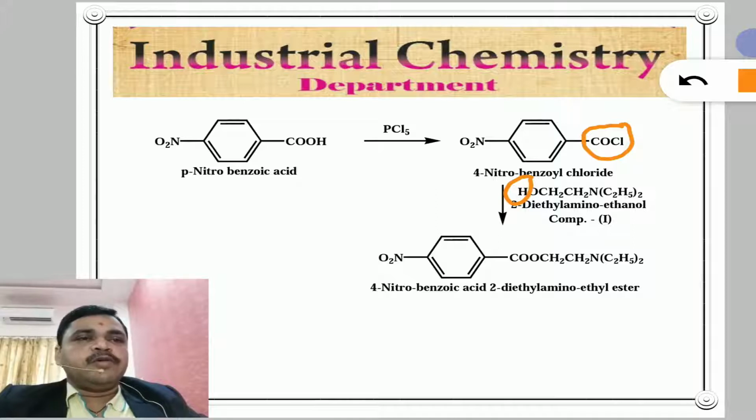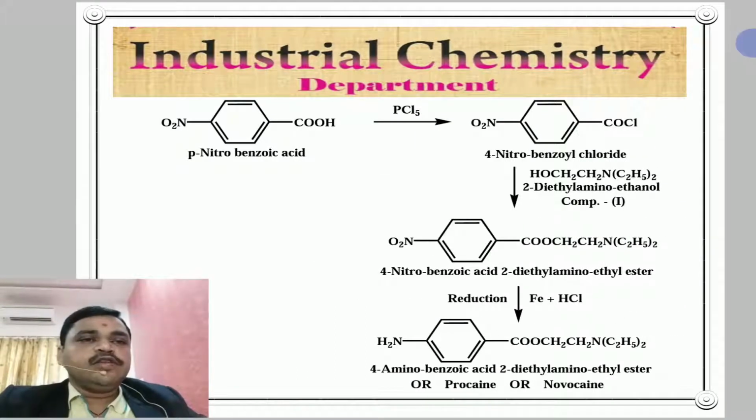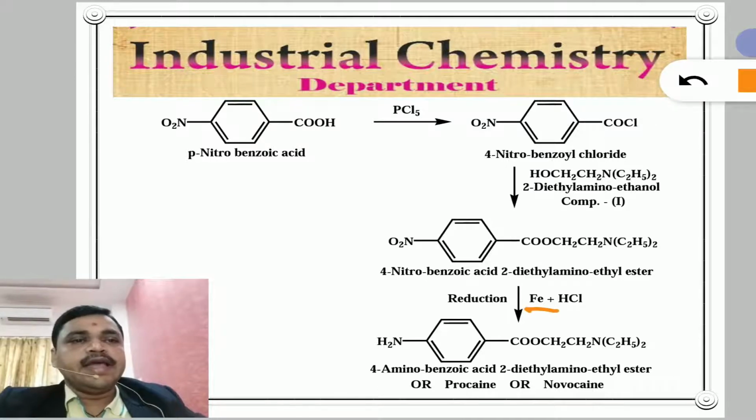Hydrogen from compound number 1 and chlorine from 4-nitrobenzoyl chloride are removed as hydrochloric acid, and we get 4-nitrobenzoic acid 2-diethylaminoethyl ester. Now this is treated with acid metal reduction in the presence of iron and hydrochloric acid, Fe and HCl.